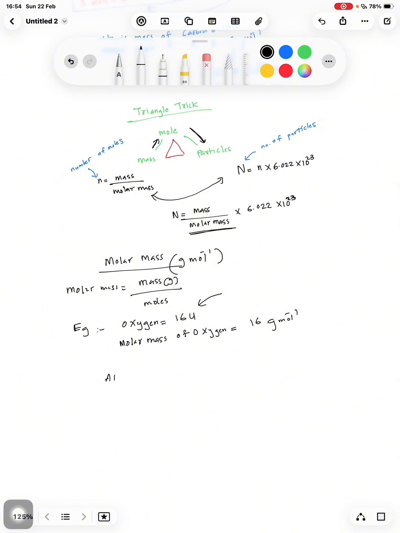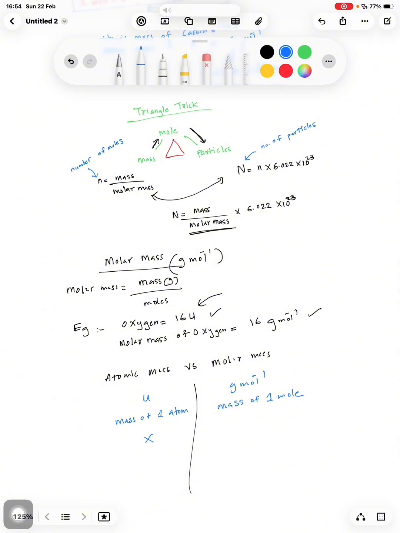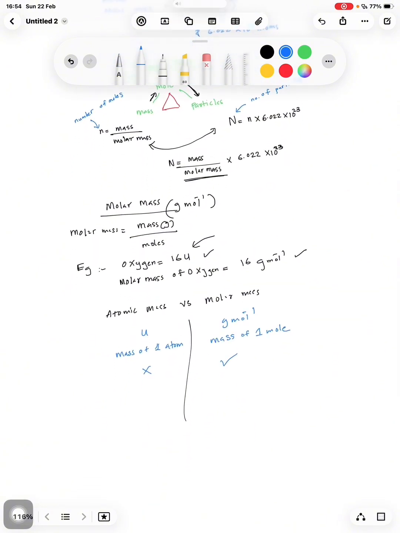Let me put a chart for this: atomic mass versus the molar mass. Atomic mass, the unit is U, but here the unit is grams per mole. Here we measure the mass of one atom, but here we measure the mass of one mole. This is not measurable, but this is measurable. These are the differences between atomic mass and molar mass.